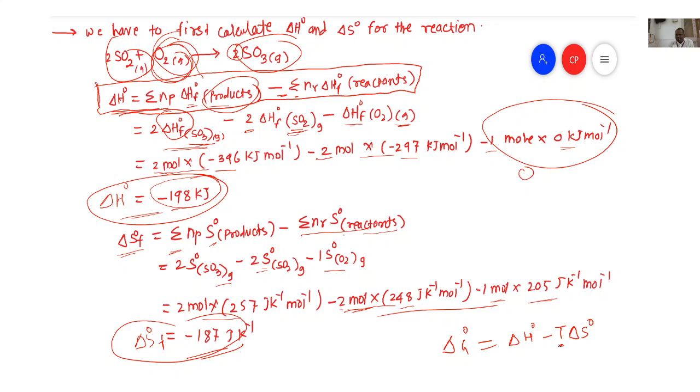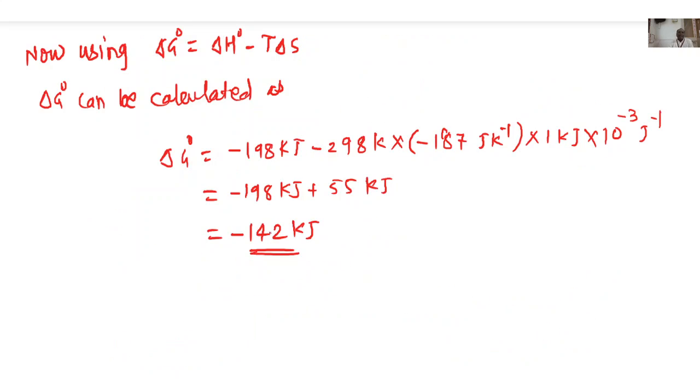Therefore, putting the value of temperature, the value of delta H0, and the value of delta S0, we can very easily calculate the standard Gibbs free energy change for this reaction. Minus 198 kilojoule is the delta H0 value.